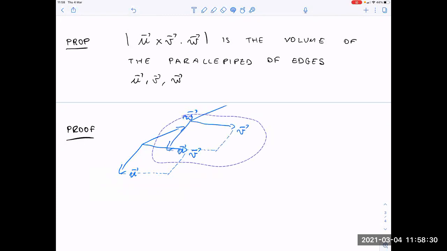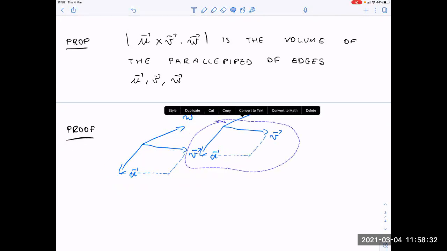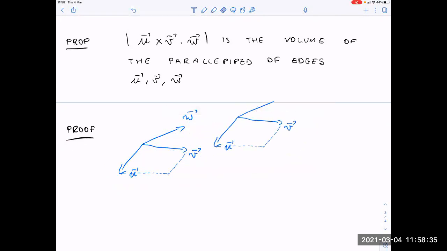So I'll try to make this dynamic. You can slide the parallelogram from its original position up, up, up you go, and then you stop when you reach the top of the arrow. If you do that, you will span a box. So here is the box. Here is the parallelepiped. And this parallelepiped, this box, B, will have a volume.